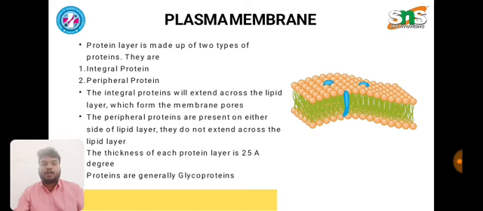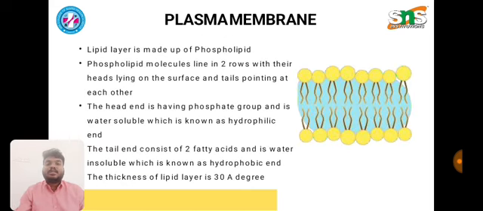Proteins are generally glycoproteins. The lipid layer is made up of phospholipids. Phospholipid molecules line up in 2 rows with their heads lying on the surfaces and tails pointing at each other. You can see the picture there. The head end has a phosphate group and is water soluble, which is known as the hydrophilic end.